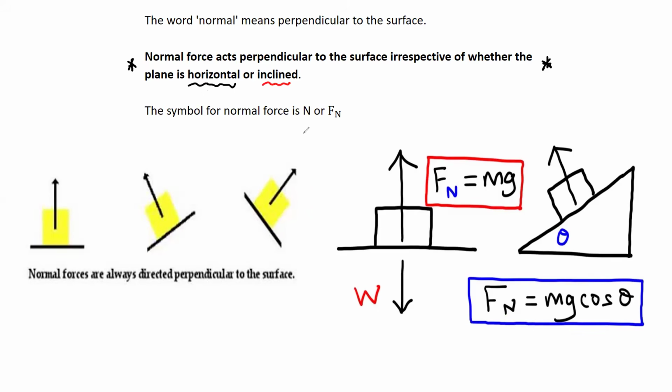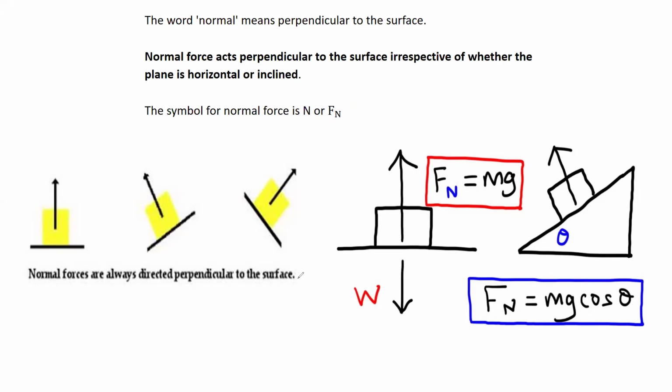Normally, and I've already done this, we denote the symbol for normal force as just capital letter N or Fn. I prefer Fn, but it's really up to you. Either of them can be used interchangeably.